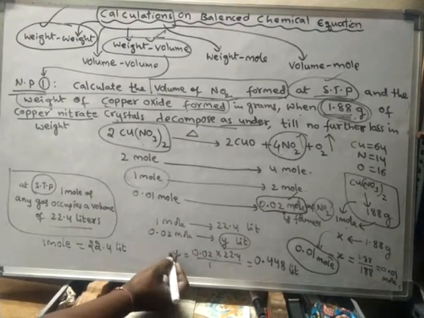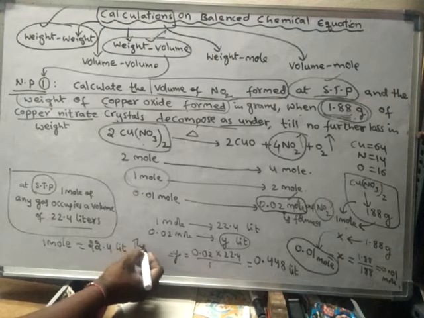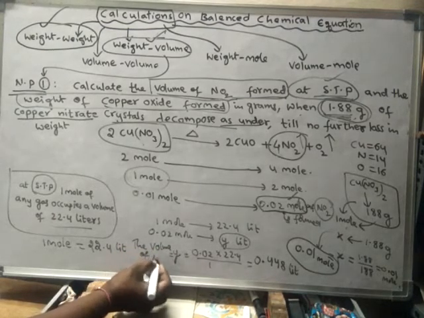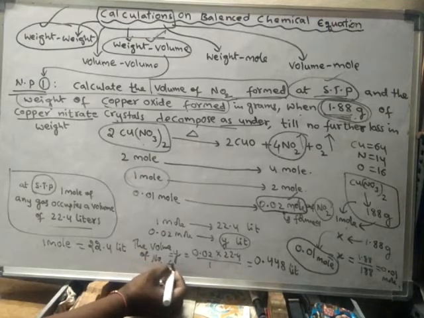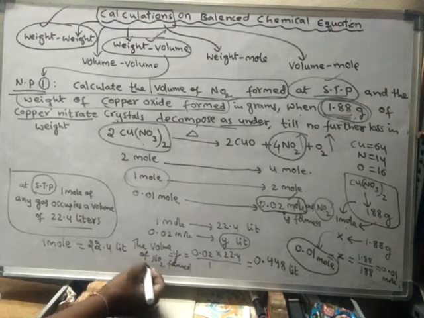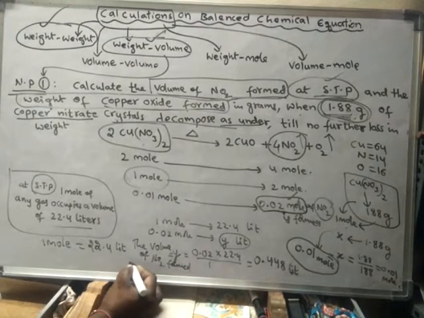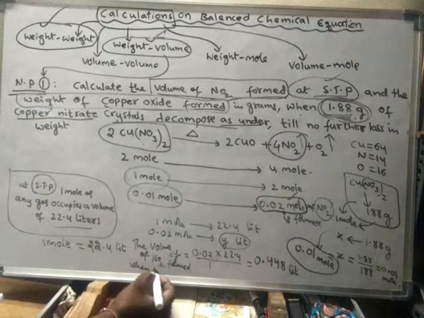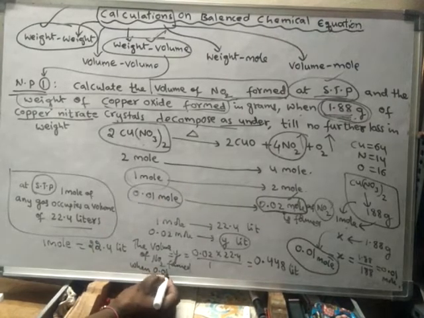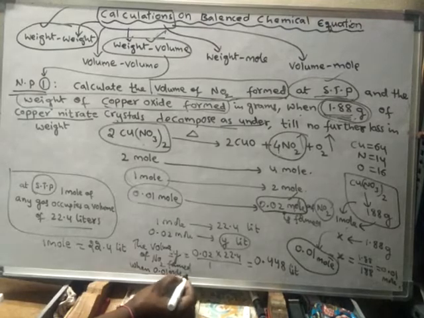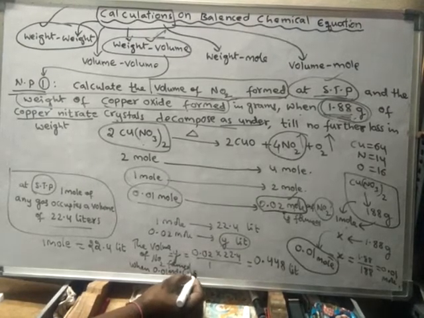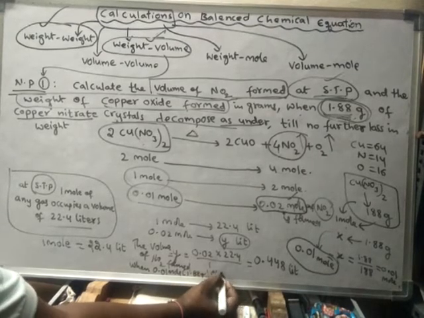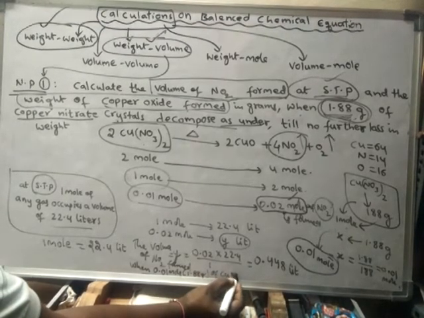So what is Y? The volume of NO2 formed when 0.01 mole, or else 1.88 grams of copper nitrate is heated.